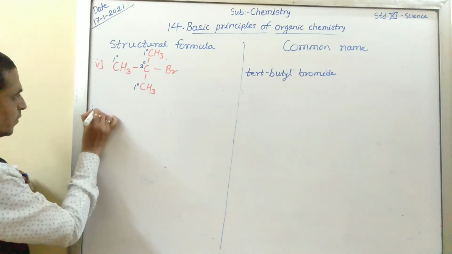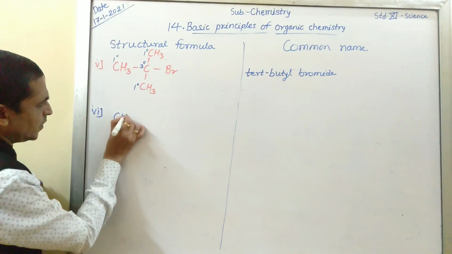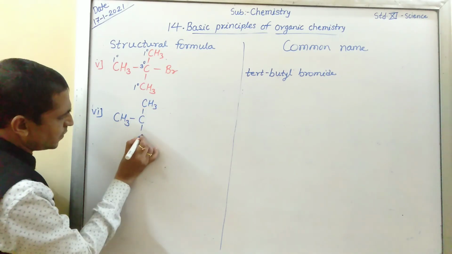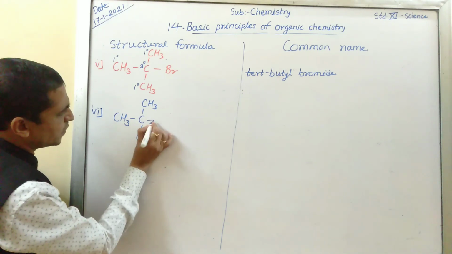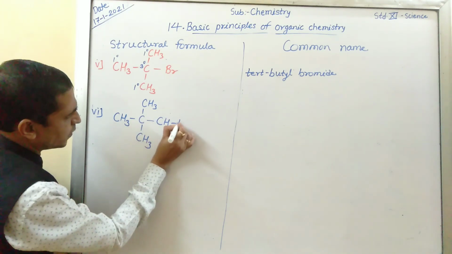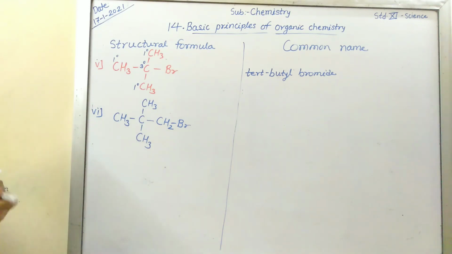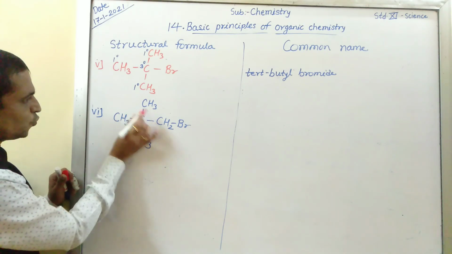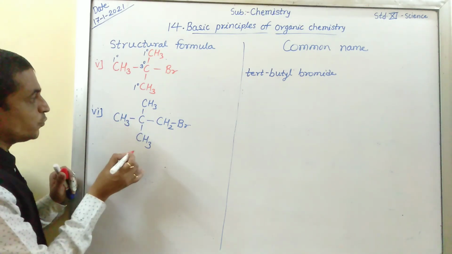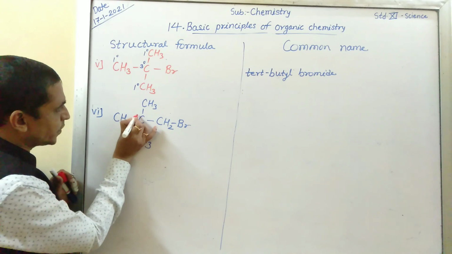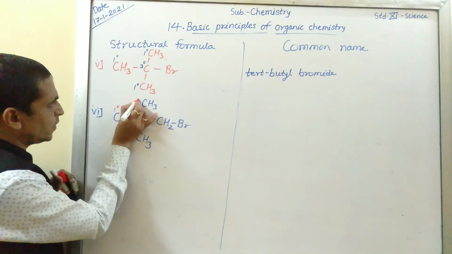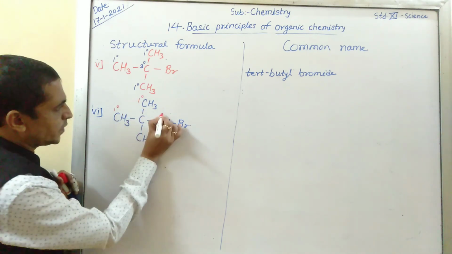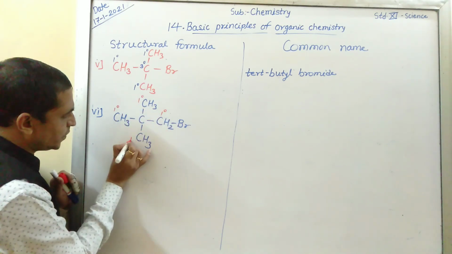Now see the next example. (CH3)3C-CH2-Br. Now again see, how many carbon atoms? 1, 2, 3, 4, 5. Means the alkyl is pentyl. But see, this carbon atom is primary, this is also primary, this is also primary.